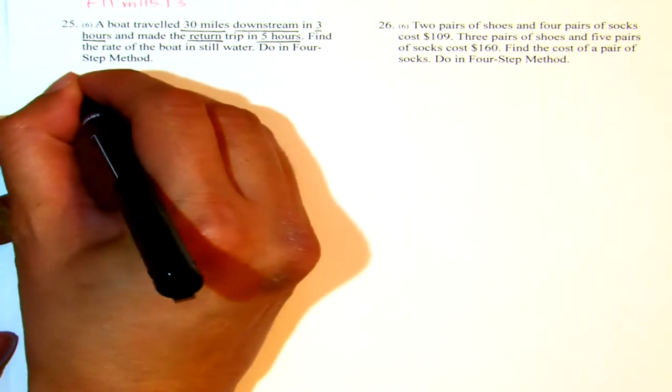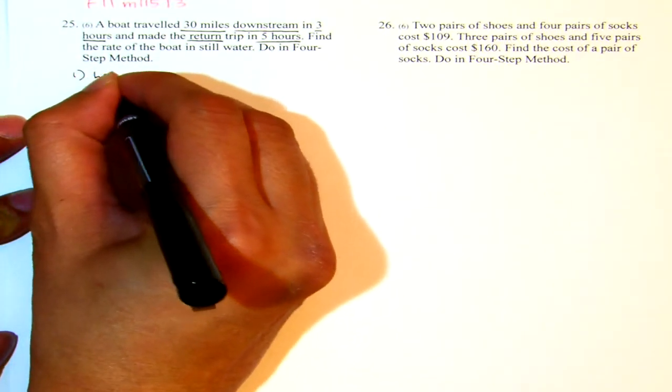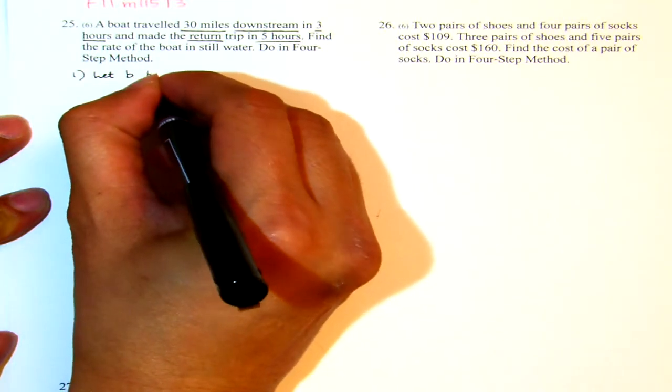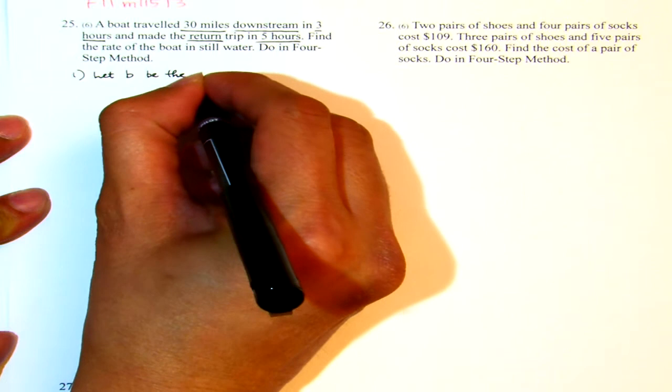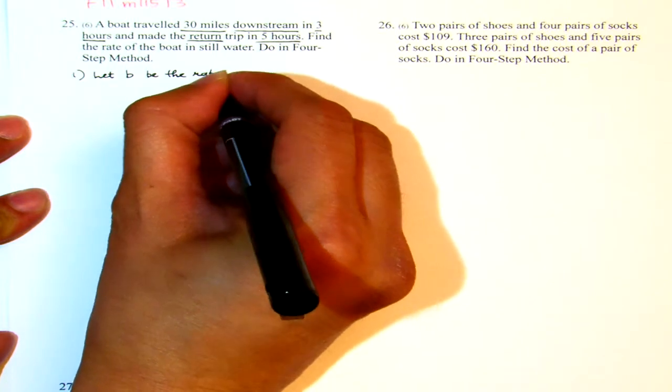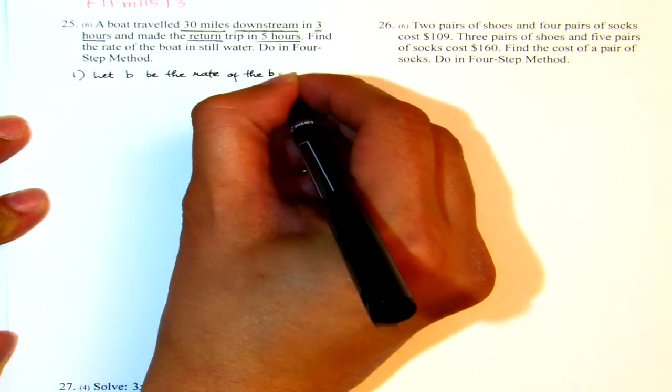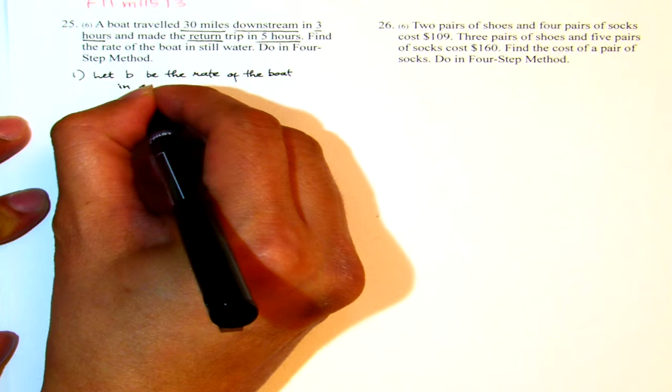Let's see step one. Step one, let B be the rate of the boat in still water.